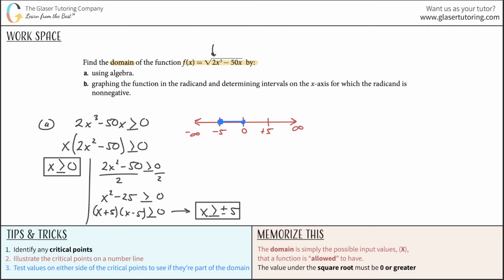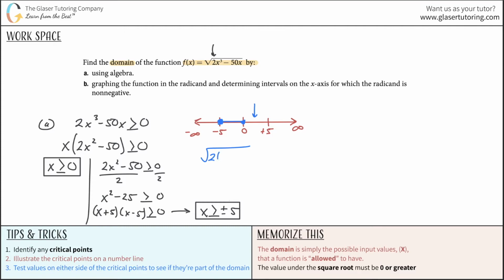It depends now on what happens in the region from 0 to +5. I'm testing the values at each critical value, and then testing values at each intermediate stage between those values. So why don't we choose +1?